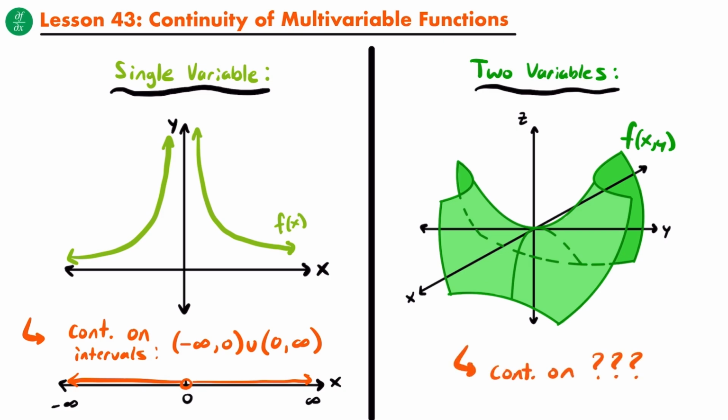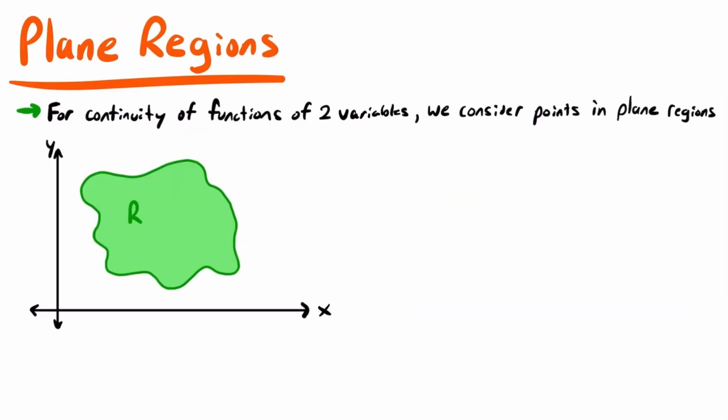Well, since we're working with more than one independent variable, we're not going to refer to these areas of points where the function is continuous as intervals anymore, because the intervals that we used for single variable functions were for one independent variable. And so we don't really work with intervals anymore for multivariable functions. Instead, we work with what are called regions, specifically regions in a plane, or more simply just plane regions.